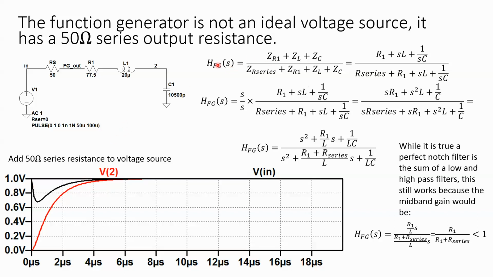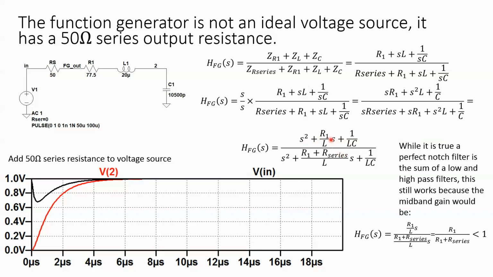So I found the transfer function of that node, which is the sum of these three impedances divided by the total impedance. And look, you get something interesting: a second order denominator, but you have all three terms.